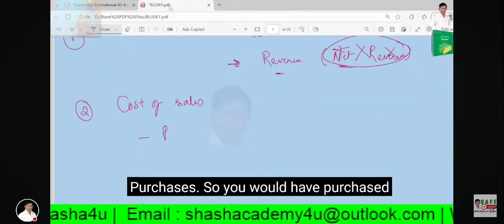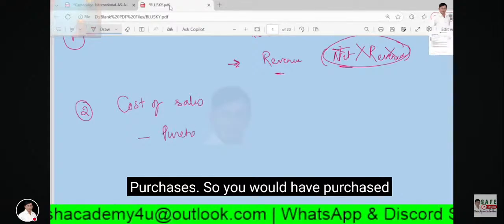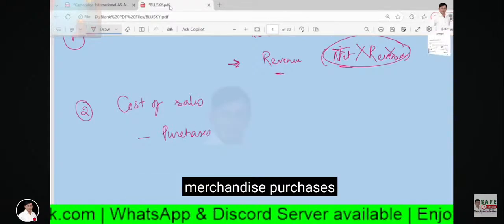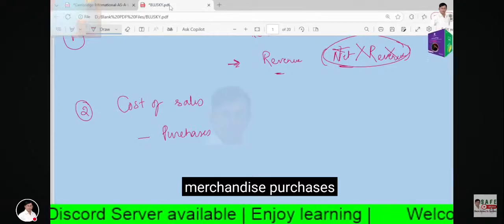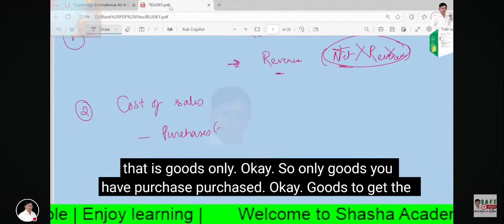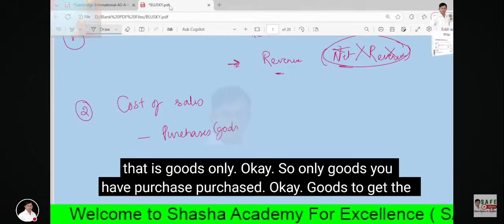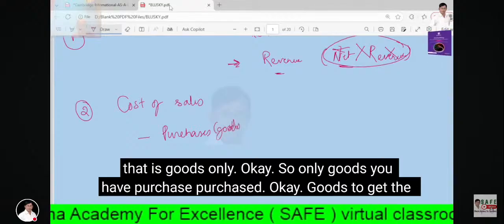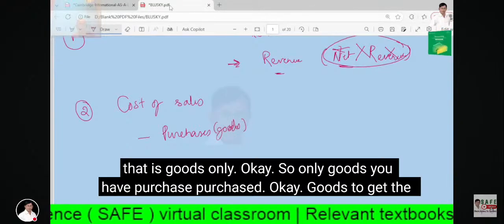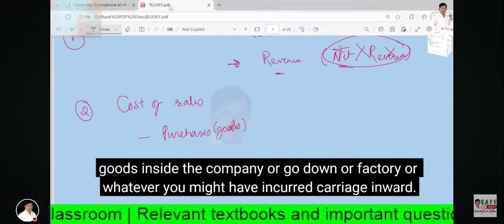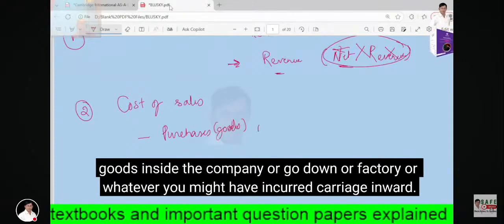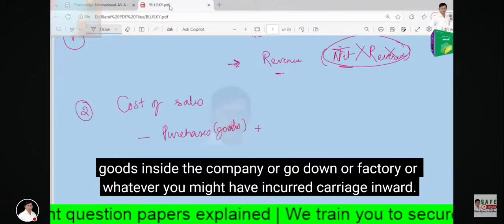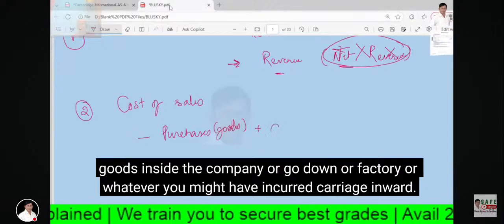Purchases. You would have purchased merchandise, that is goods only. To get the goods inside the company, godown or factory, you might have incurred carriage inward.